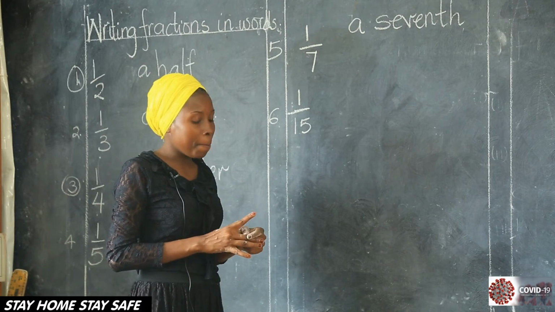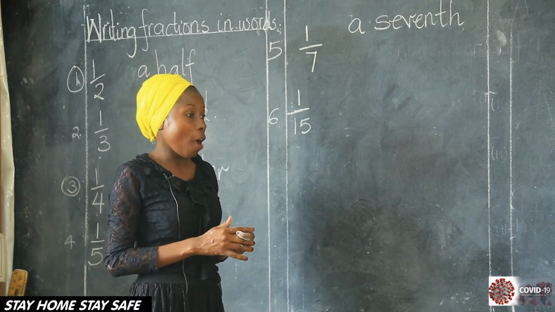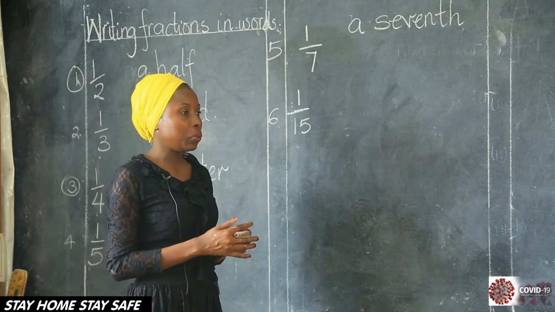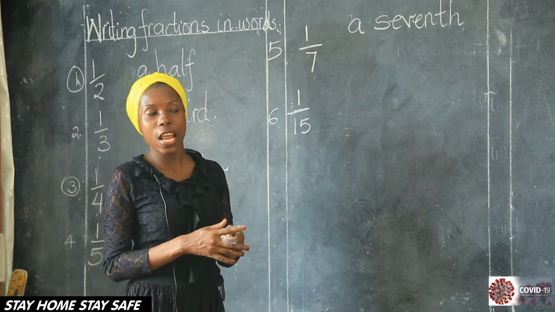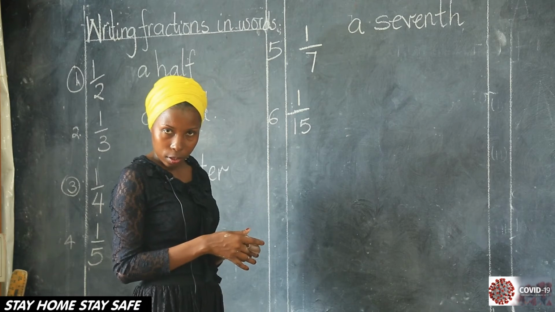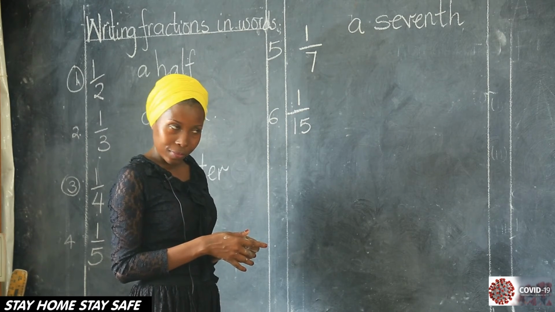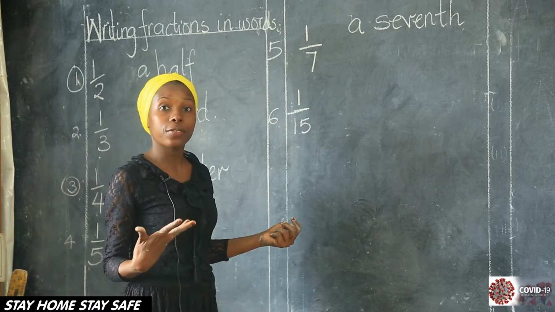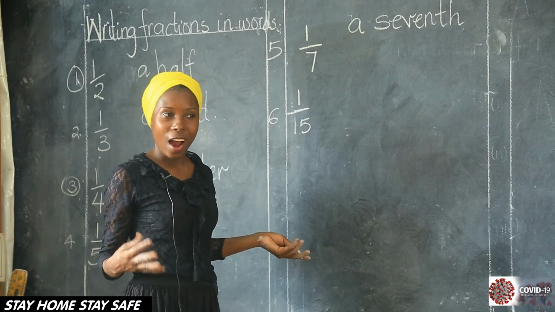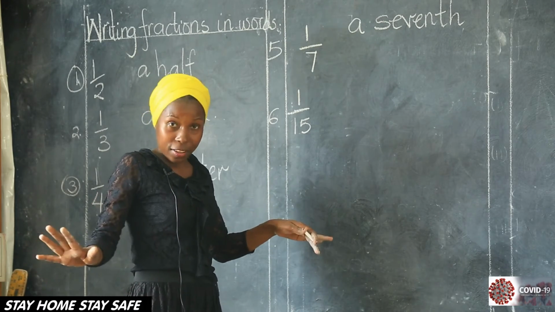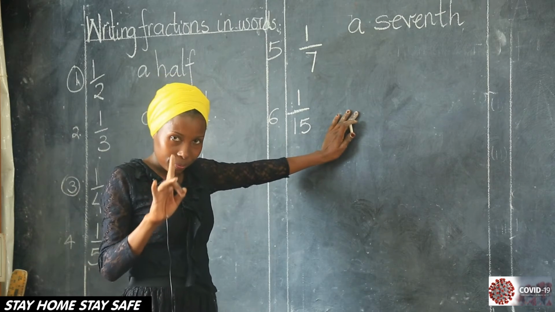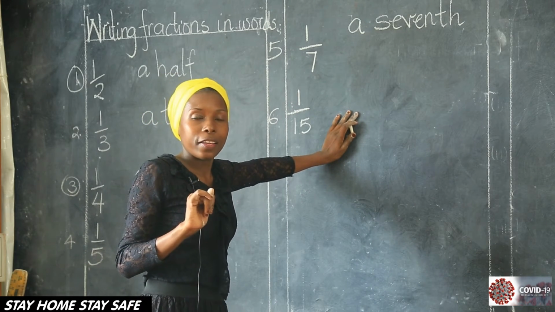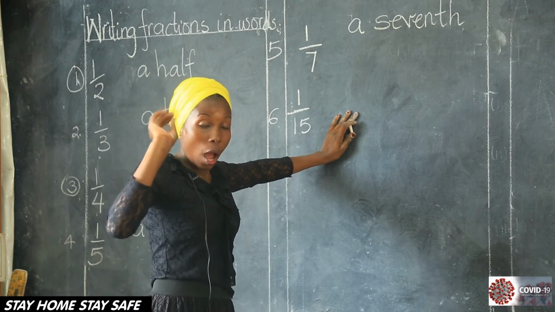Then moving on, I have 1 out of 15. I have 1 out of 16. It's even boring. So a 5th, a 15th, a 17th, a 20th, a 30th. That's if the number up is 1.